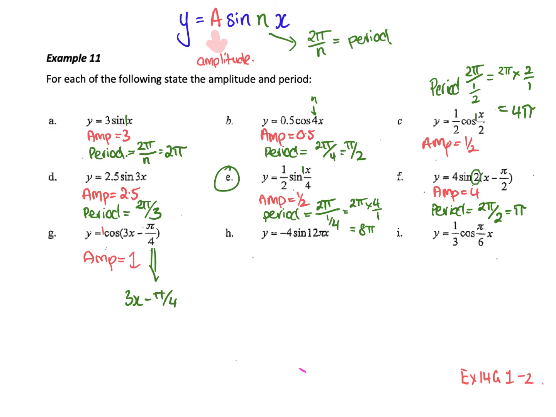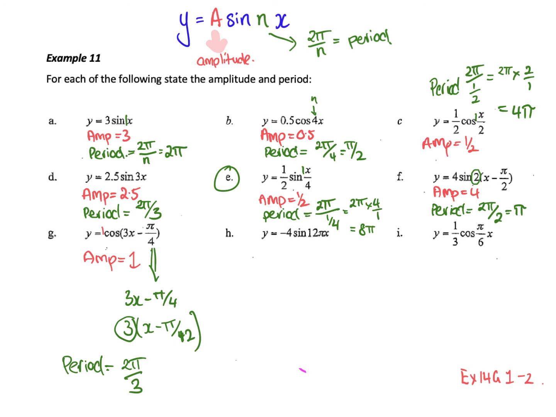If we want to get x by itself, if I took x out, it'd be x minus pi on 4, and we would have divided that by 3, so I'm going to say that's 12. So here, this one's a little bit tricky. The period is actually 2 pi divided by that number there, 3. That one was a little bit harder.